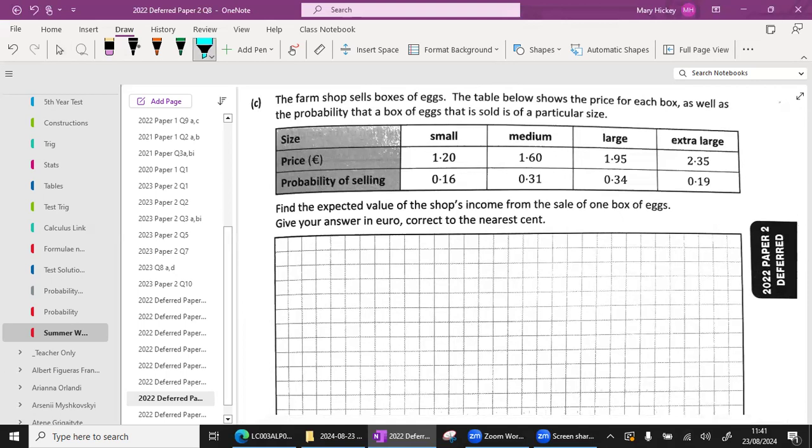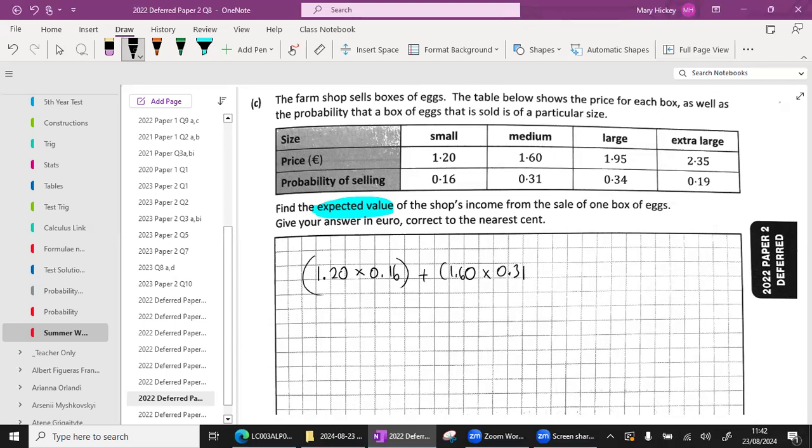Now, expected value, that's usually to do with, is it a good bet? Is it a bad bet? Those were the examples that we mainly did, but it's the same idea. So if we're doing the expected value, we need to multiply the price, which usually would be the amount you could win. In this case, it's the amount you get when you sell, and you multiply it by the probability.